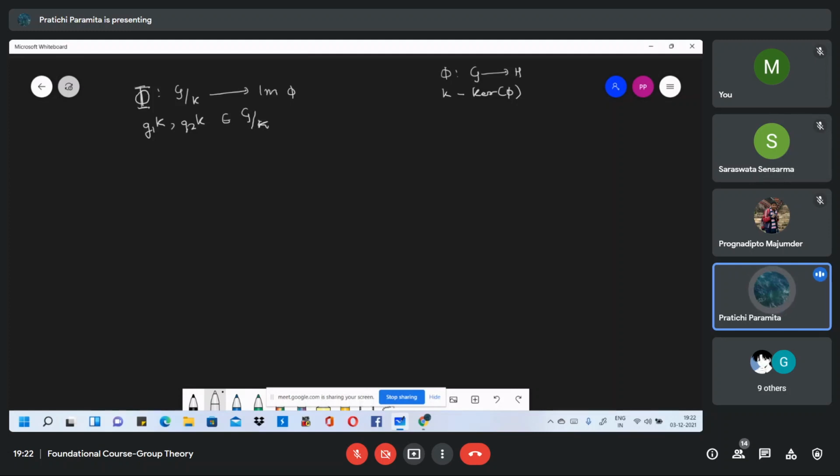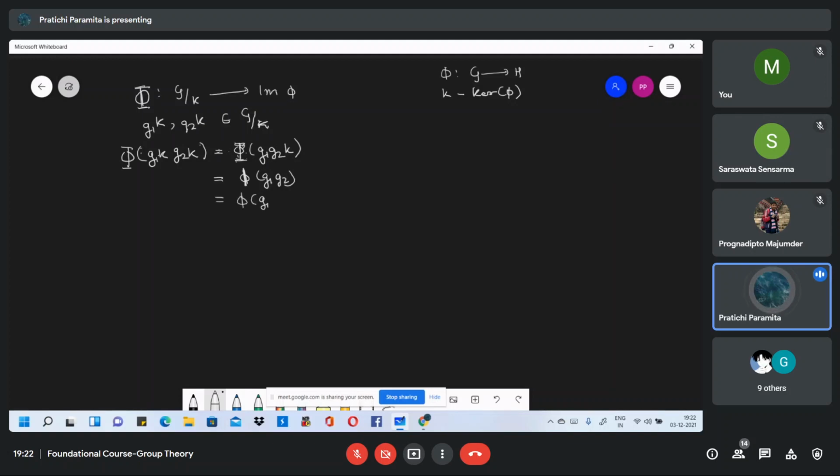So first we prove that it is a homomorphism, then we go ahead to prove that it is bijective. So capital phi of g1 K and g2 K is equal to capital phi of g1 g2 K, because I have proved that K is normal, right? And this is nothing but small phi of g1 g2.